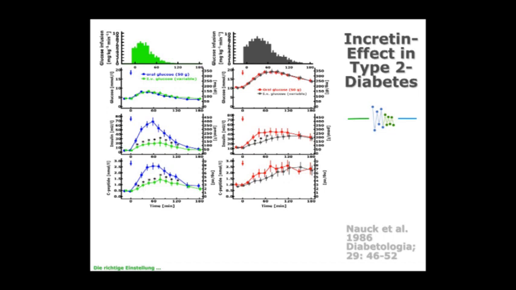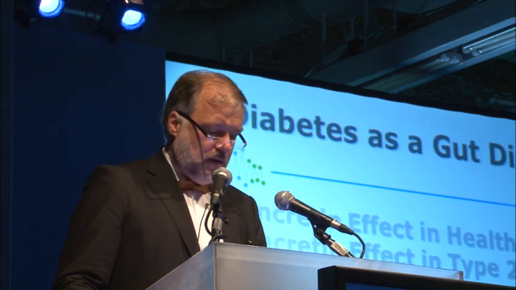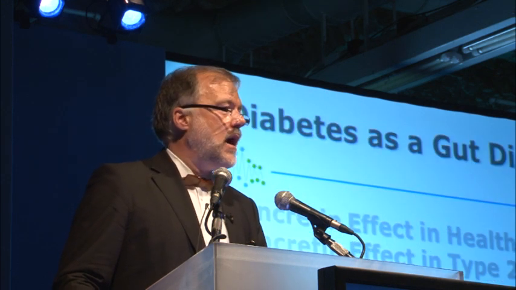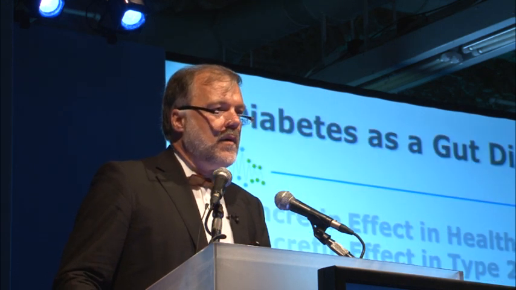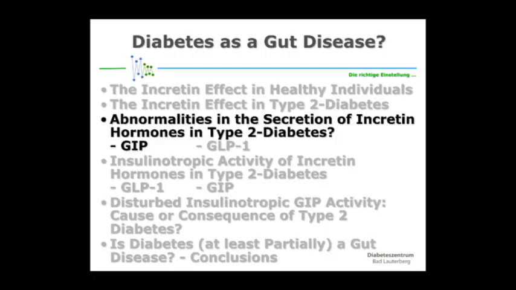When you look at C-peptide, and in these years we believed that C-peptide was the better measure for insulin secretion because insulin itself may have a variable hepatic extraction or elimination in general, there was not a single time point with a significant difference. Our conclusion was the incretin effect is reduced in patients with type 2 diabetes, and the question is why.